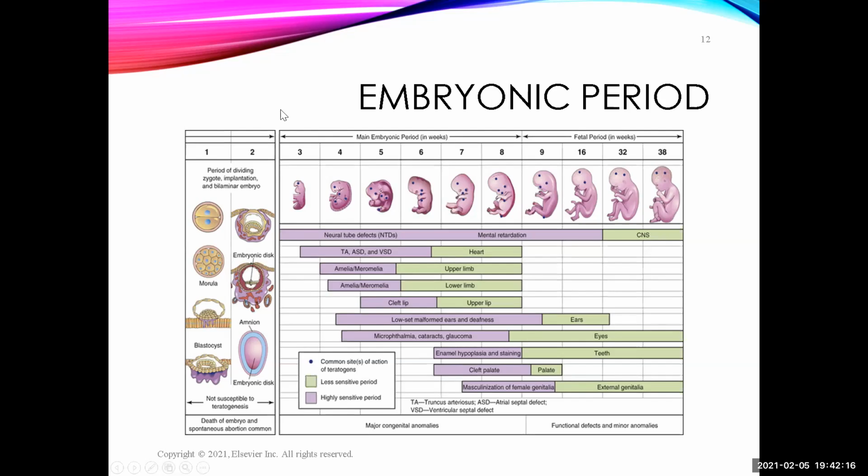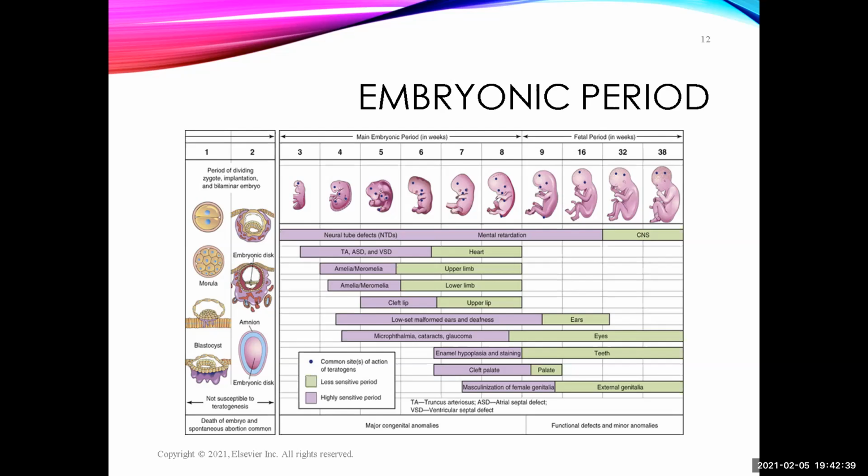Listening to all of that going on, you realize how important those first, wow, even that first week is. The embryonic period is the stage between 3 weeks and 8 weeks after fertilization.